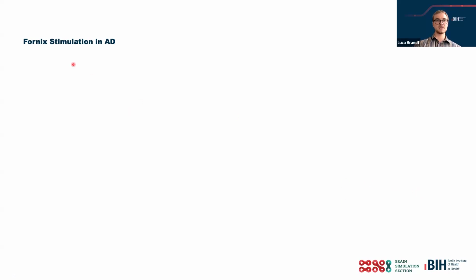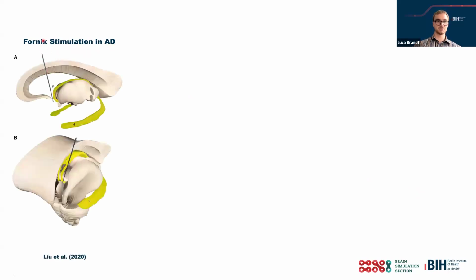There is fornix stimulation applied in Alzheimer's disease, which is a deep brain stimulation, an electrode that is inserted deeply into the brain of the patients, and electric pulses can be emitted to the region. The fornix is connected to the hippocampus and involved in many functions of memory as well. Through fornix stimulation, they could alleviate some cognitive symptoms of the patients.